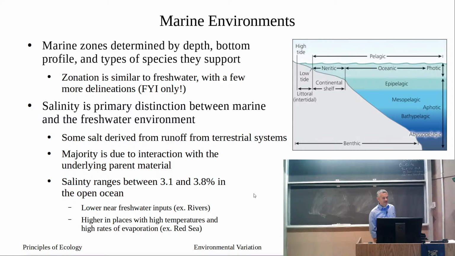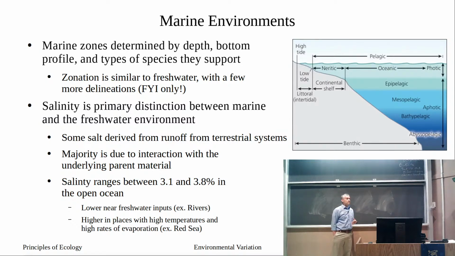All right. So in our marine system, what distinguishes it from freshwater, hopefully it's obvious, is the salinity. So why is the ocean system saline? Why do we have salts in there? Well, it's derived from a couple different sources. Some of that comes from the terrestrial system. So rain falls, your water cycle, your hydrologic cycle has precipitation falling on the land.